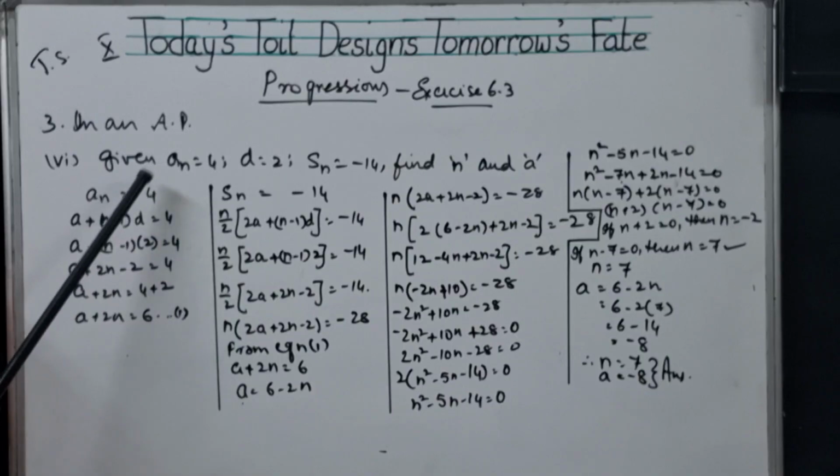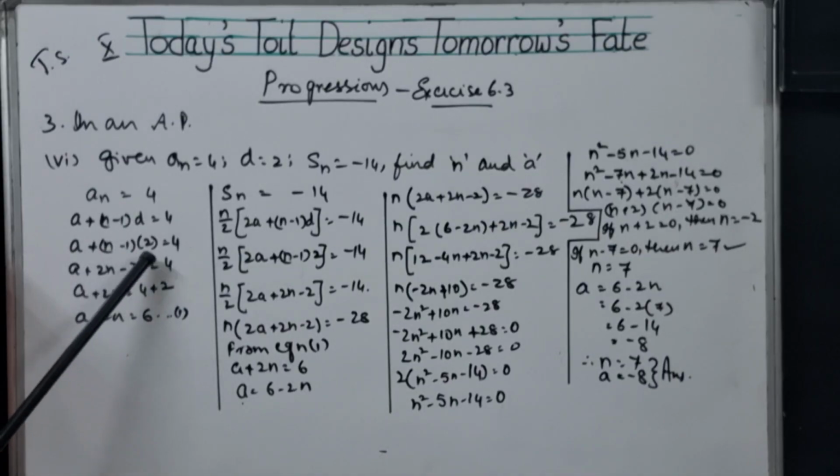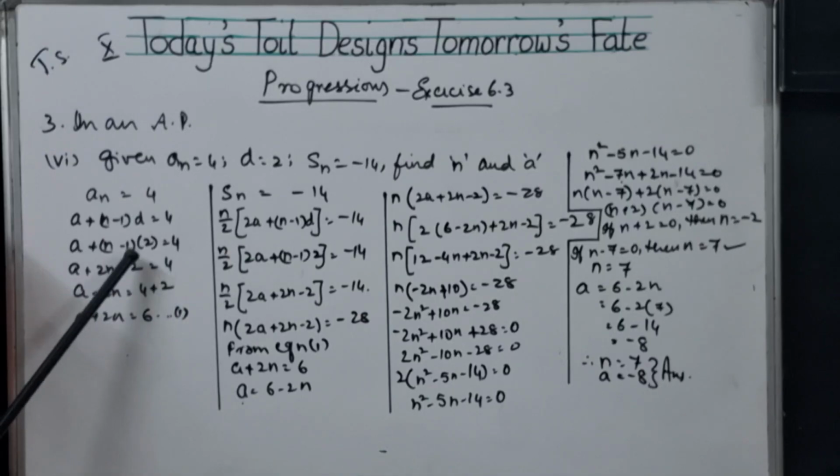So first I have taken an is equal to 4. We know the general formula, a plus (n minus 1) into d is equal to 4. So a plus (n minus 1) into 2 is equal to 4. So a plus 2n minus 2 is equal to 4. So a plus 2n is equal to 4, minus 2 when it goes here, plus 2. So a plus 2n is equal to 6.